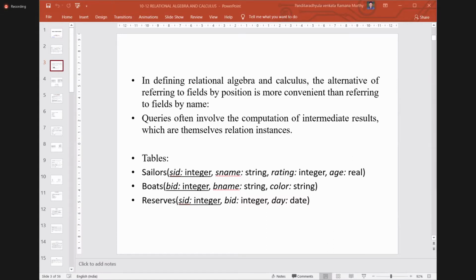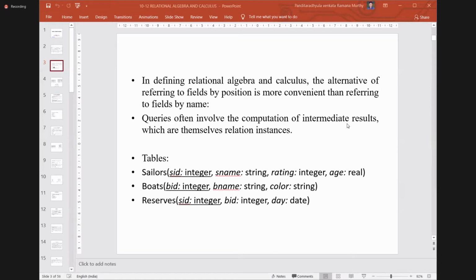With reference to the relational database management system, we are using 3 different types of tables which are very important as part of the final examination, and we also want to practice these in the lab. All these relational algebra and relational calculus operations we are going to use on 3 tables called Sailors, Boats, Reserves.